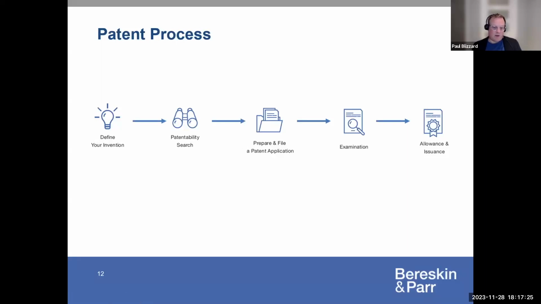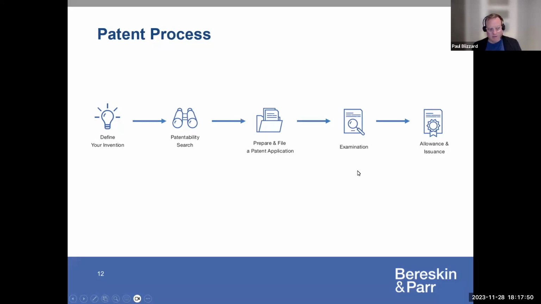In order to find a valid patent, what happens later on in examination is the examiner will review the requirements for a patent. There are a few, but two of the main ones are that it has to be novel, which means that it can't have been disclosed anywhere else in the world, and it can't be obvious.